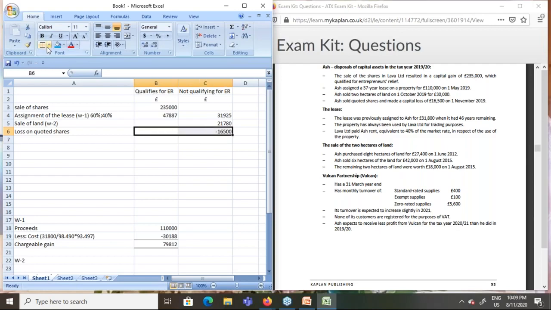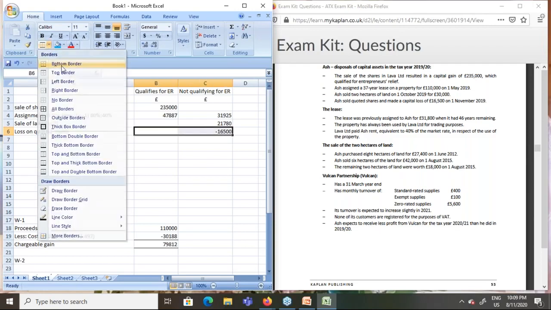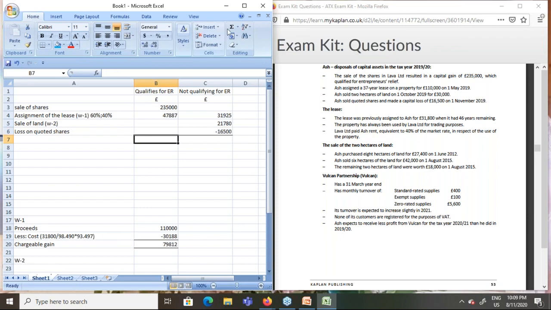Now, what we can do is we can calculate the chargeable gain qualifying for ER and not qualifying for ER. So you can see, now here the gains not qualifying for ER will come down because of that 16,500. Okay, and now you can claim the annual exempt amount.